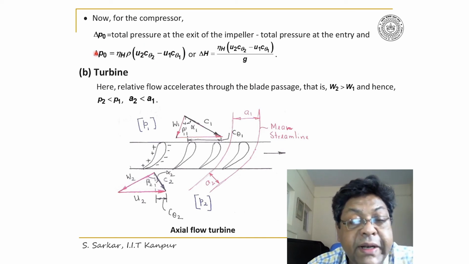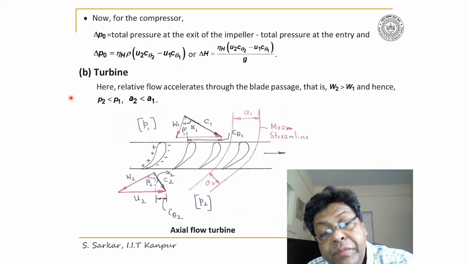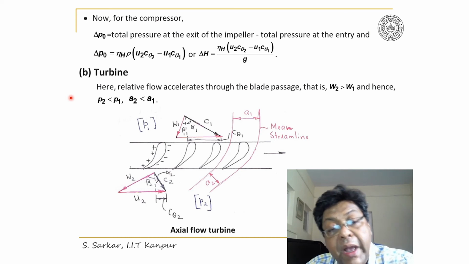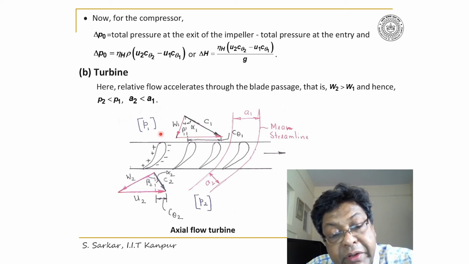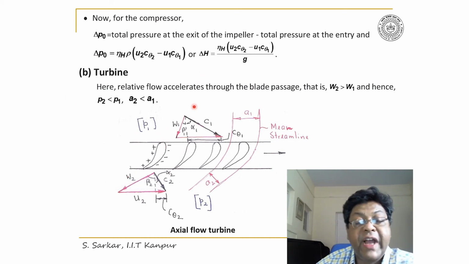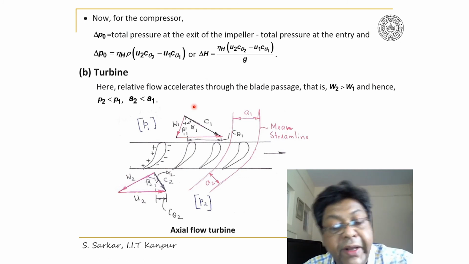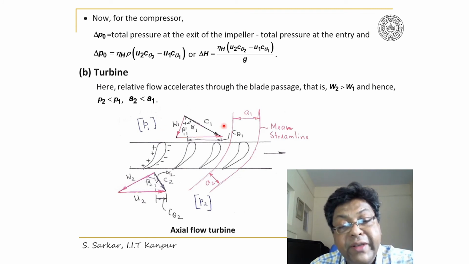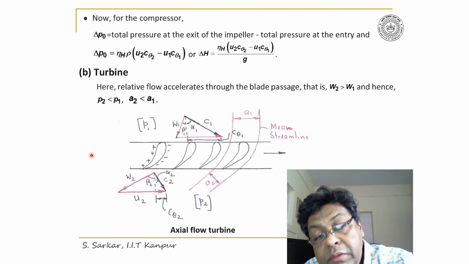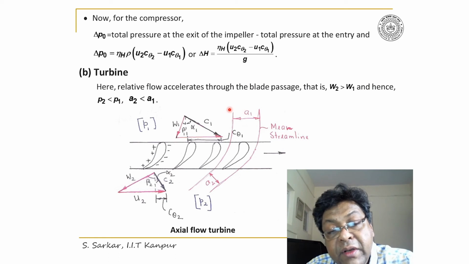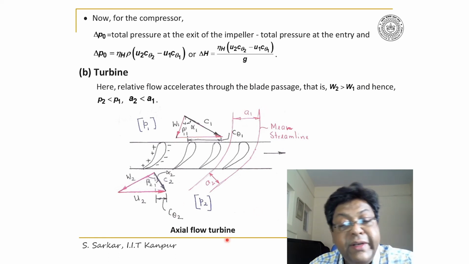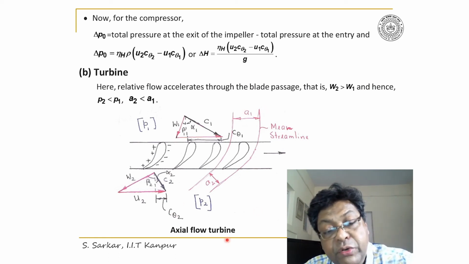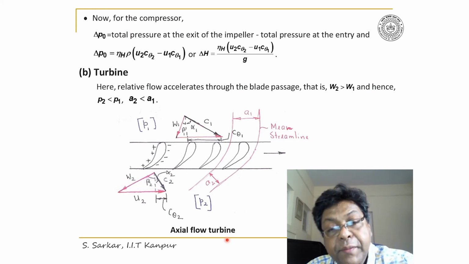Now similarly, let's take a turbine, and I have drawn here the blade profile and the velocity triangle at inlet and exit. The notation is the same as before. I've also taken the two mean streamlines passing through the impeller passage.